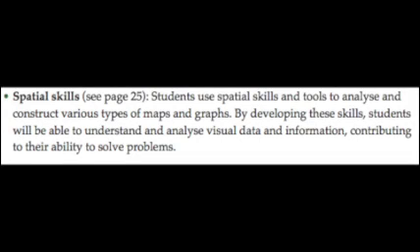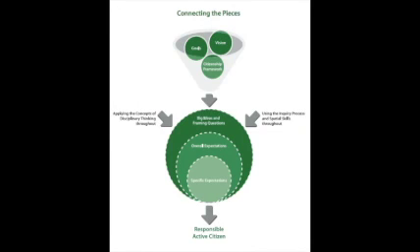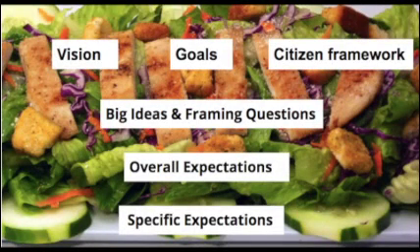You can also see the spatial skills continuum, which is the appropriate development of spatial skills and central to the social studies, history, and geography curriculum. Altogether, the Connecting the Pieces diagram provides guidance for teachers to create lesson plans in a way that captures all of the information and knowledge students need to be good citizens, which is the end goal of social studies.